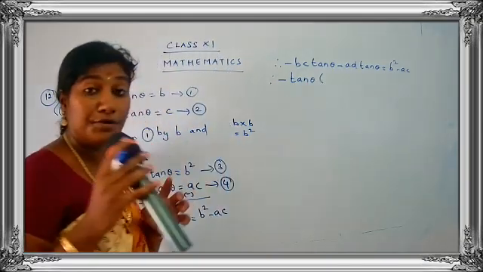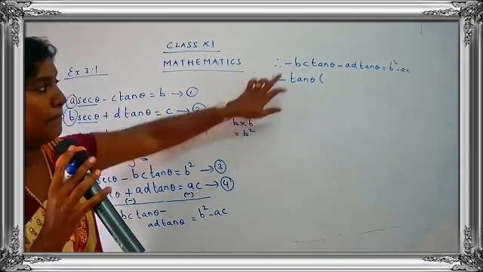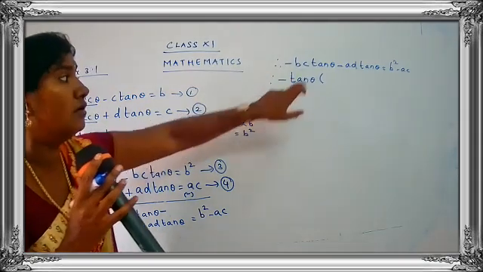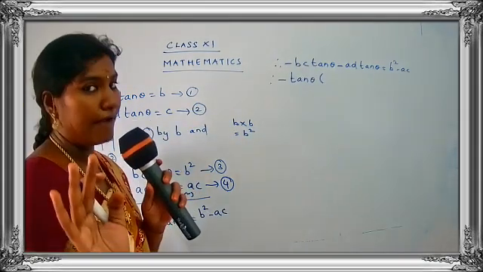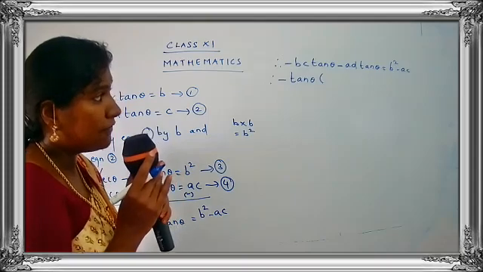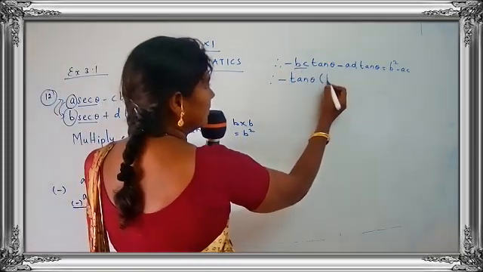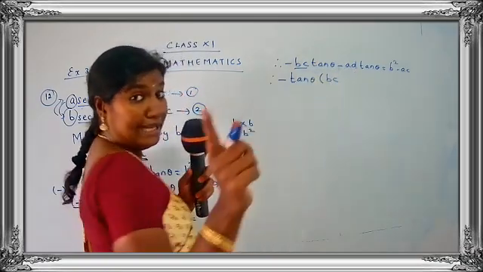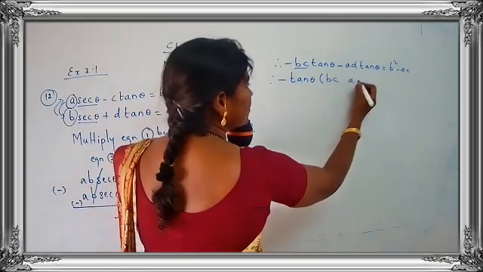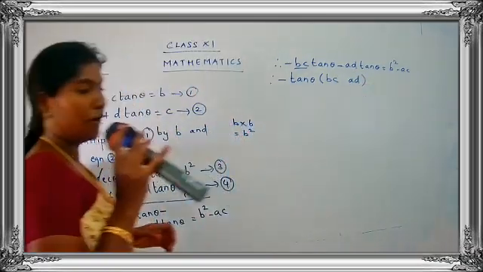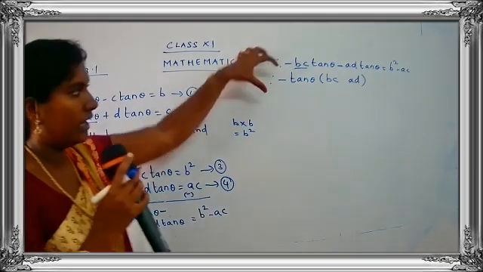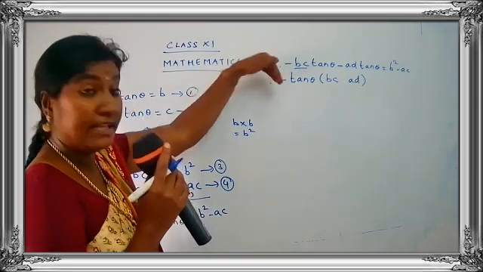Okay. So what are we going to take common here? We are going to take minus common and also tan theta. Okay. Now I have taken the common part. Now tell me what is left here. Yes, BC is left. Good. And what is left here? AD. Okay. But just tell me the sign, children. What is the sign here? Here we are taking the minus sign common.